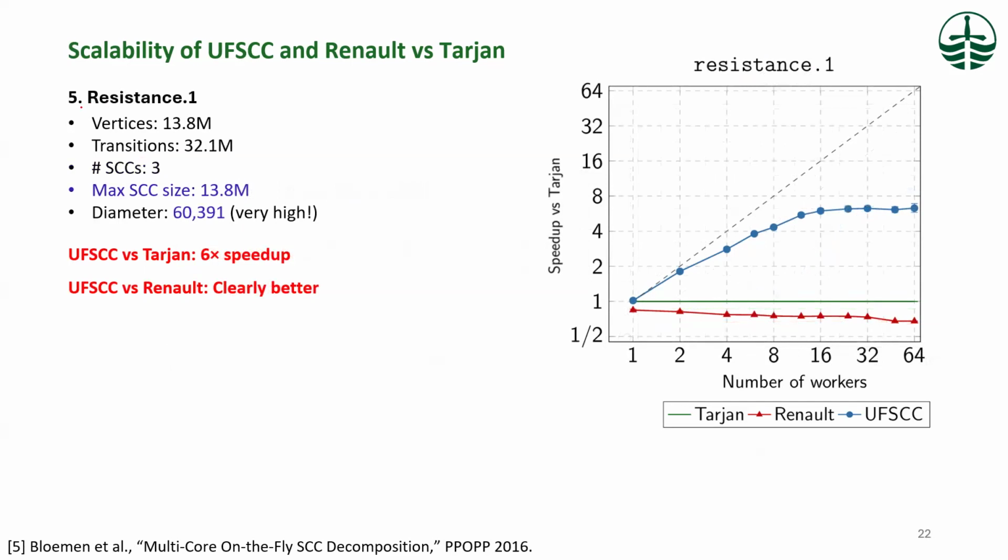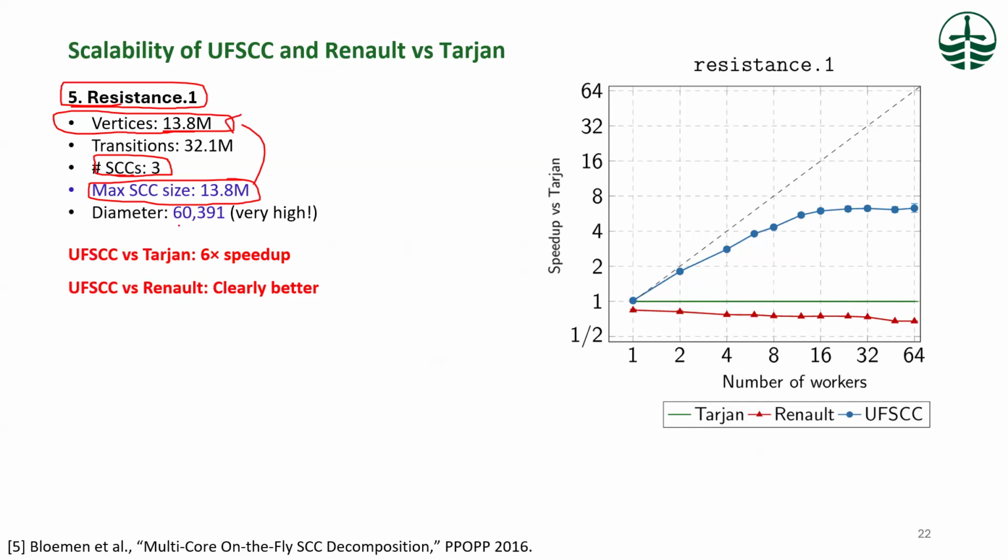Now we see another graph, the resistance graph. In this one, the maximum SCC size is 13.8 million. We have only 3 SCCs, and one of the SCCs is very big, 13.8 million, almost the same as the number of nodes.